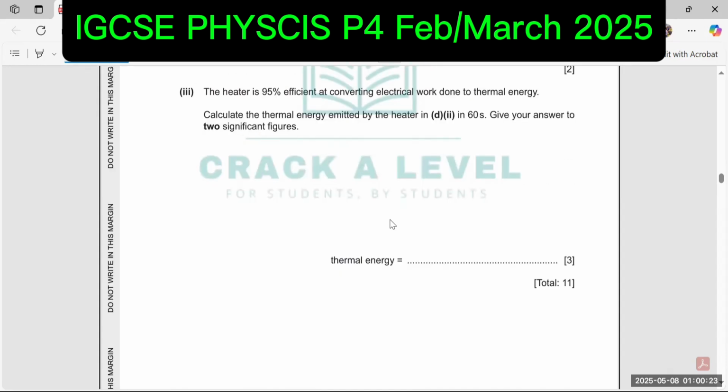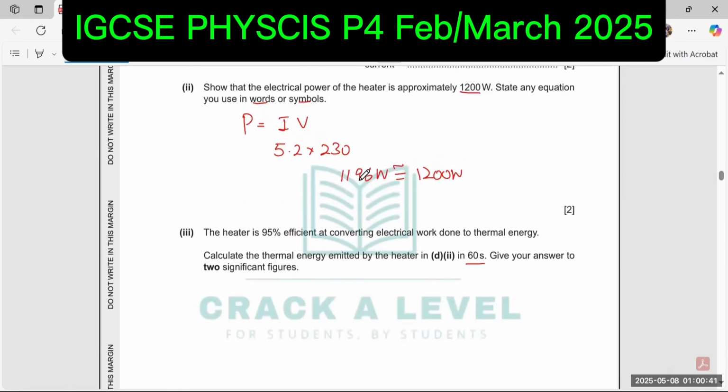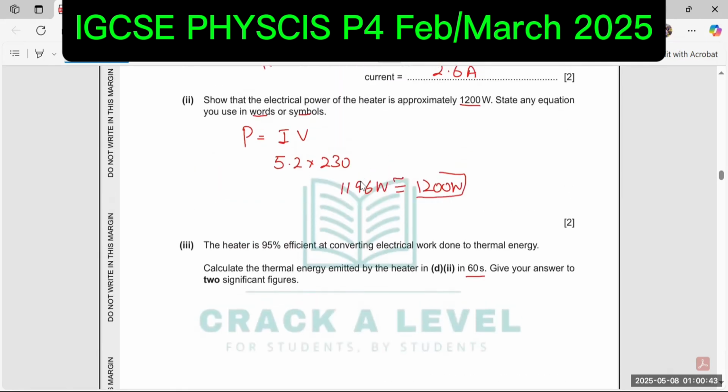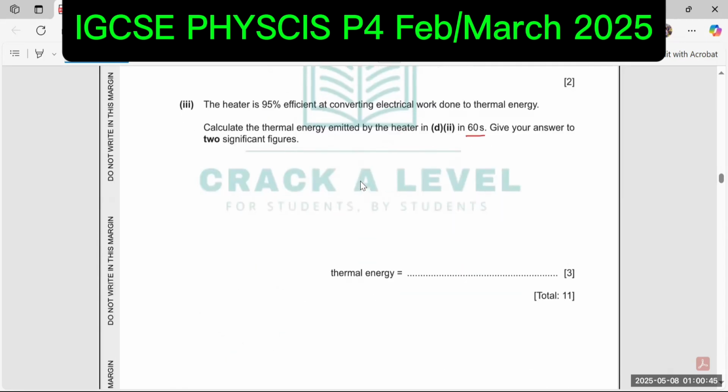The heater is 95% efficient at converting electrical work done to thermal energy. Calculate the thermal energy emitted by the heater in D2 in 60 seconds. Give your answer to two significant figures. We need to calculate the energy, and this is the answer of power from D2. In chapter 8 we studied that power is the change in energy per unit time.